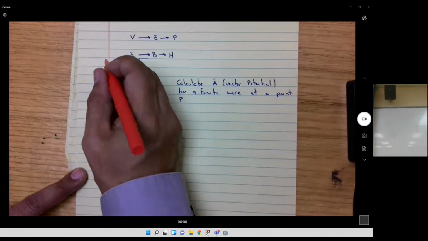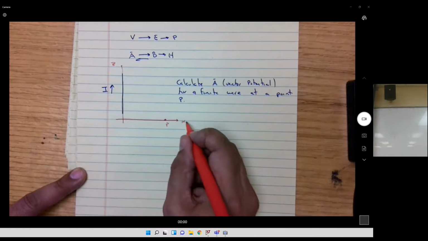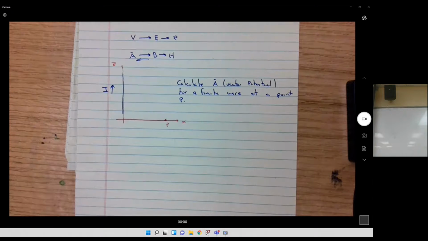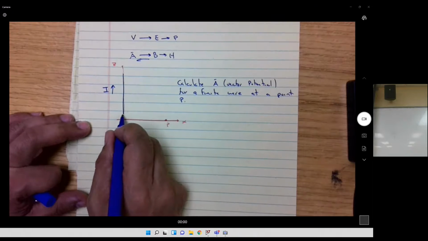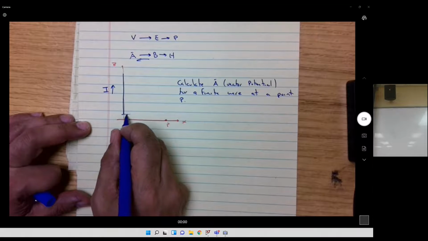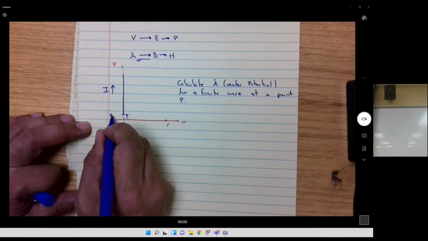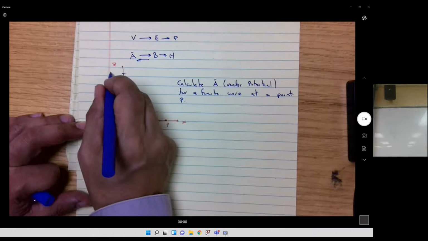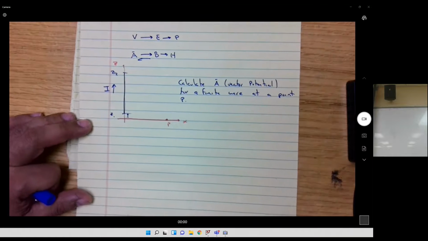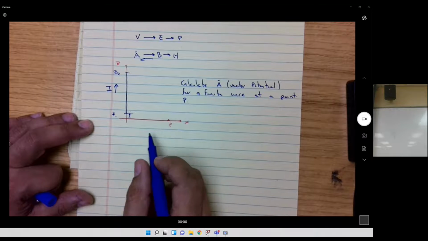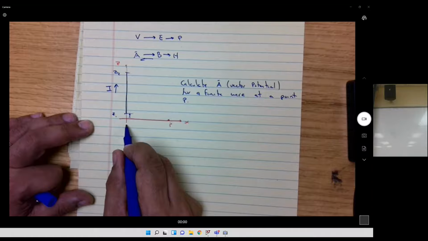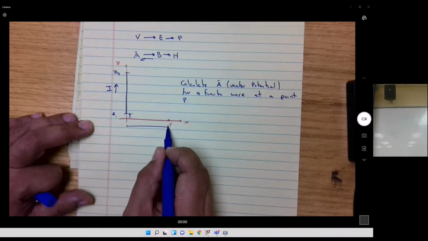And I'm going to say that point P is going to be along the x-axis. Okay, and this is a finite wire, so this wire is going to go from z1 all the way to point z2. And the distance to point P is just going to be a distance a.